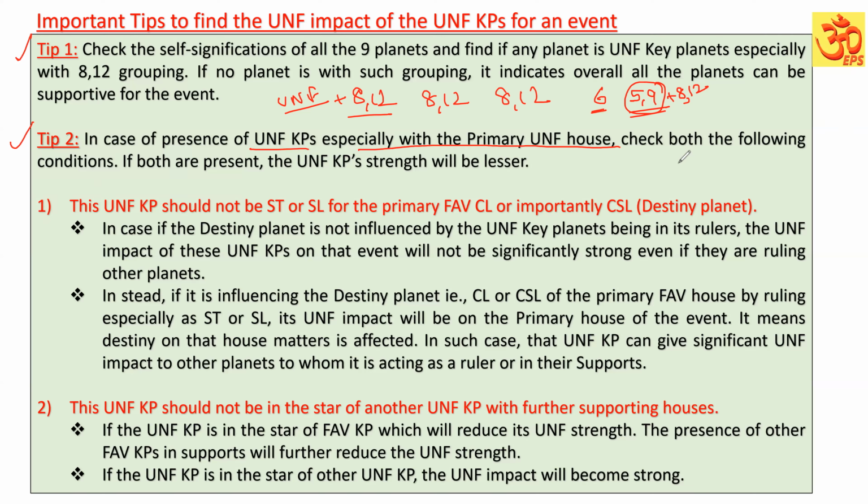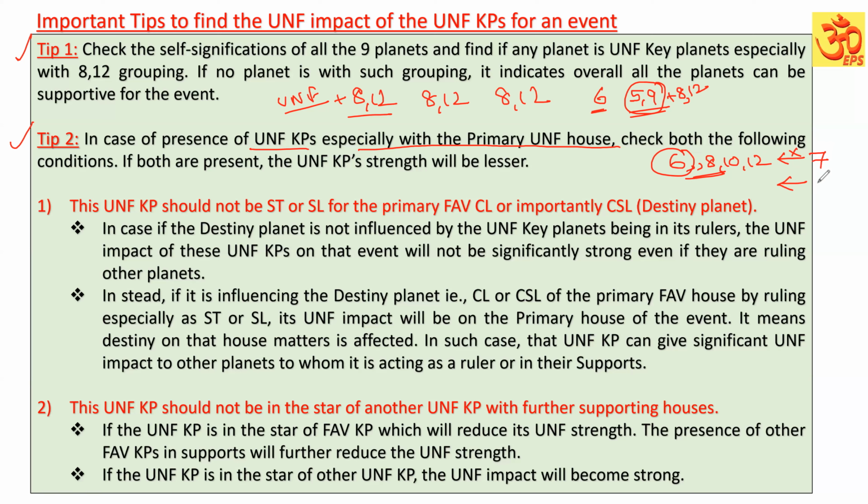For example, for the event of marriage, the sixth house is the primary unfavorable house, and of course other unfavorable houses, 8th house or 10th house or 12th house, are all joining hands. 6 and 8, or 6 and 10, 12, or 6, 12, or 6, 4, 8. So it means the primary house is present along with the other unfavorable houses. Then it is going to be unfavorable. It is indicating not supportive to the 7th house matters, right?